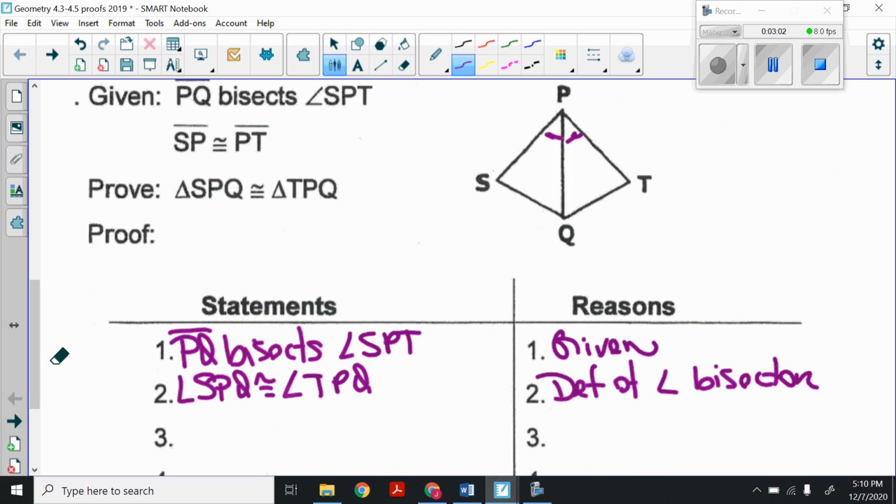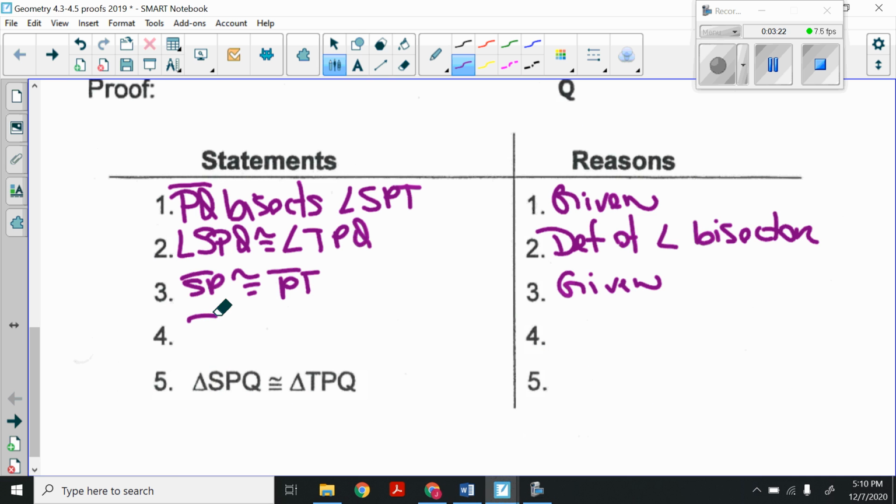Then I had another given, segment SP congruent to segment PT, given. I'm going to mark that. So SP, PT. And then what do I have that I already know by looking at the picture? That PQ is equal to itself. So segment PQ congruent to segment PQ, reflexive property of congruence.